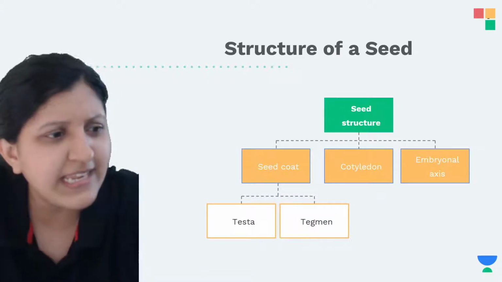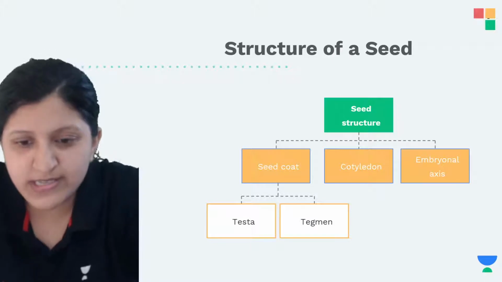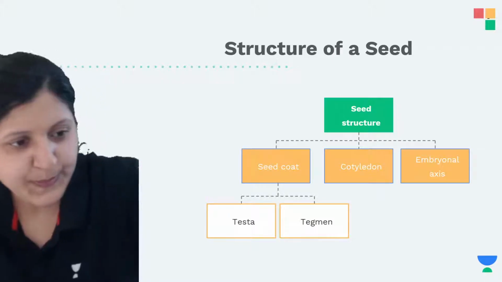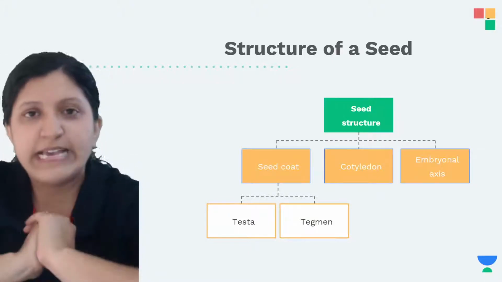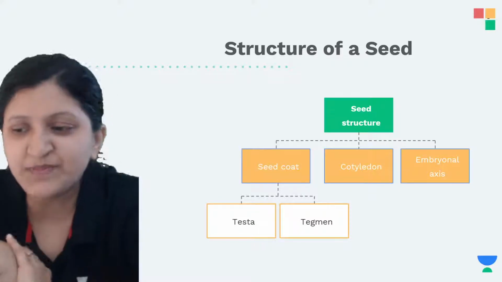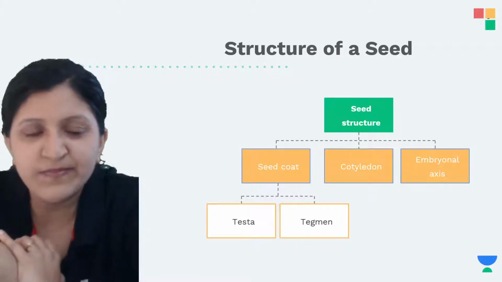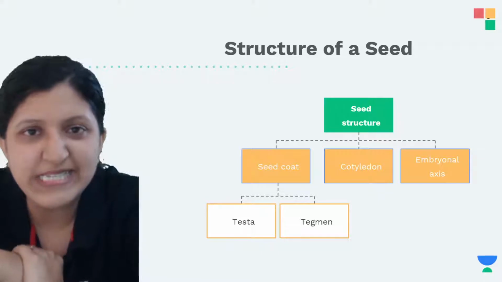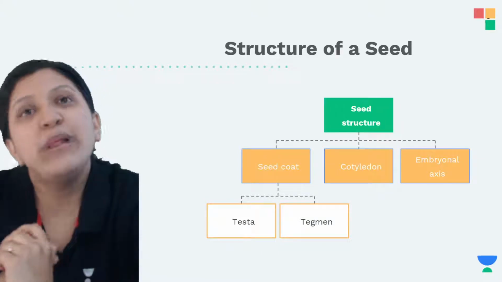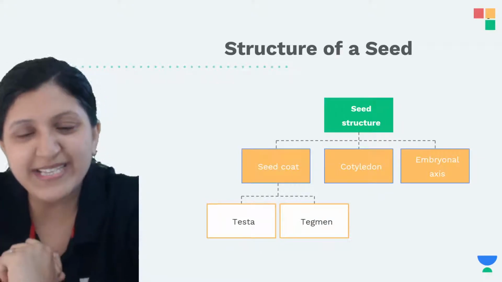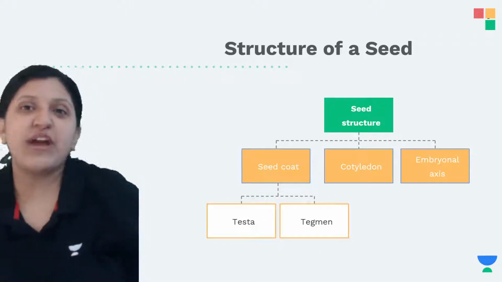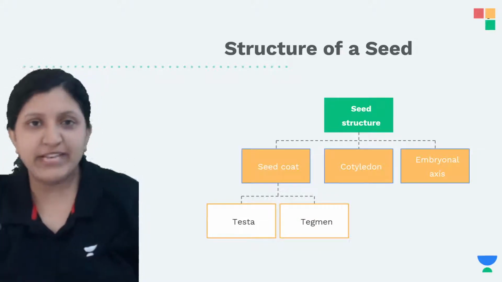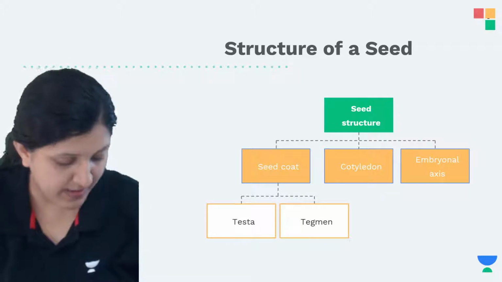Does anybody have any idea? Is a seed a living thing? Does it have any DNA, and how do we use these seeds? We'll discuss all of this, starting with the seed structure in general, and then the specific parts related to the seed.